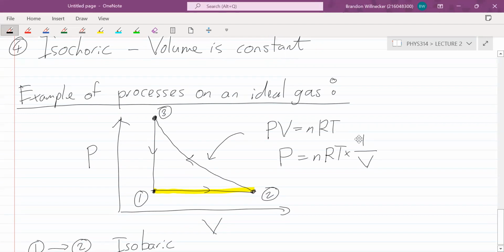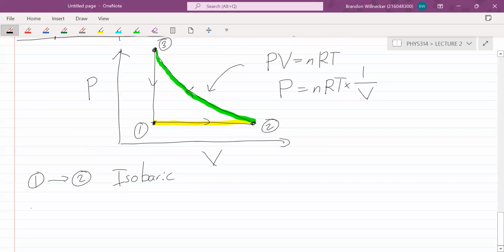Okay, because it's like 1 over x, it's a hyperbola. So if you get a hyperbola shape, we know that it must have constant temperature. For this to be a hyperbola, T needs to be constant. So from 2 to 3, that is isothermal. It's got a hyperbola shape.